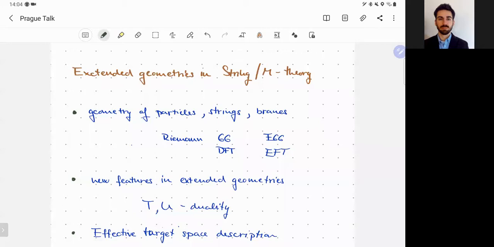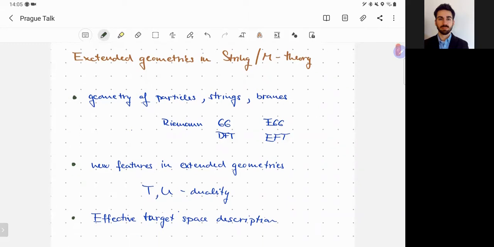So yeah, as I was saying, this should be sort of a gentle introduction to string and M theory and sort of highlighting these extended geometries behind the theory, and it should work as a build up to next week's talk of Friedrich, who's gonna talk about our most recent paper with Mark, who's sitting here also, and Dan Waldron.